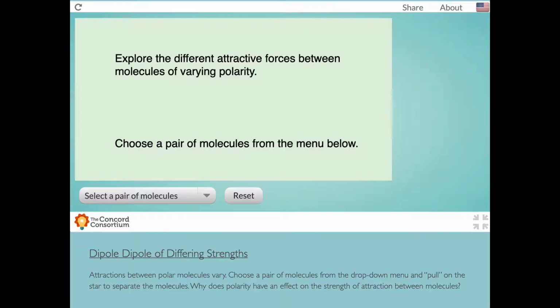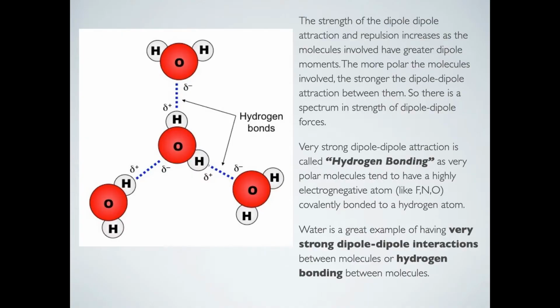Oh, my little animation. Okay, here's where we were. The strength of dipole attraction and repulsion increases the stronger the dipole moment, or the more polar it is. The more polar the molecule, the stronger the attraction. So there's a spectrum, that 5 to 25 kilojoules per mole of strength of these.